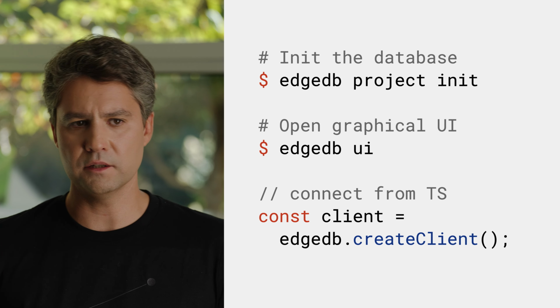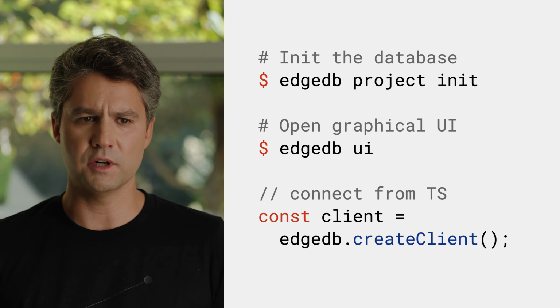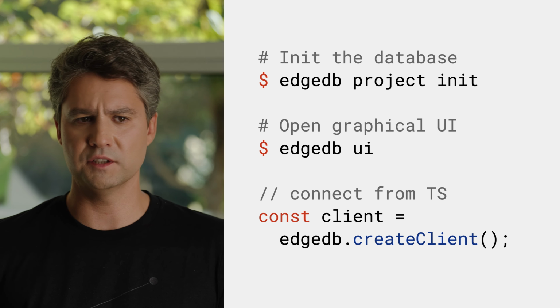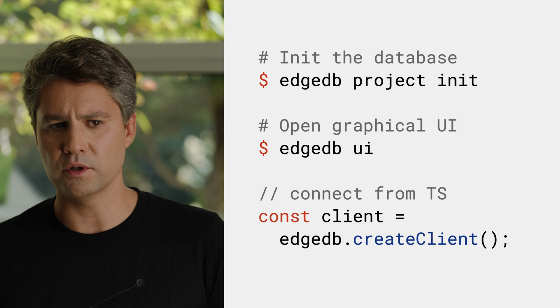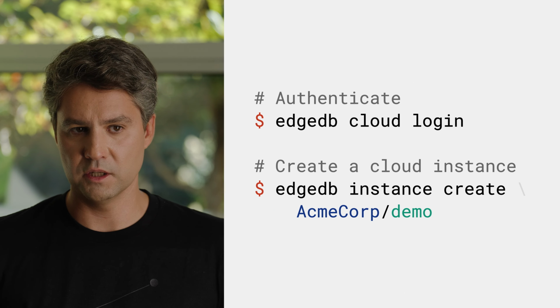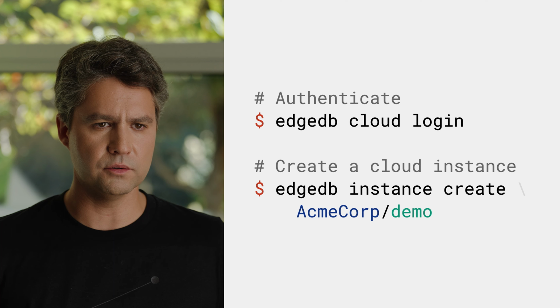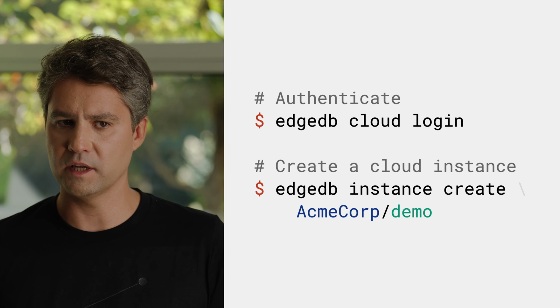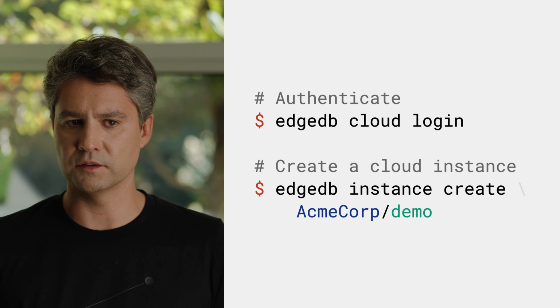After that, running a REPL, opening the graphical UI, or connecting from your code requires no configuration. EdgeDB handles everything for you, creating TLS certificates, finding the available network port, running and stopping when not used, and so forth. And naturally, we want our cloud to follow the same principles. All you need to do is to run the EdgeDB Cloud login command to authenticate with GitHub, and then you can create your cloud instances.